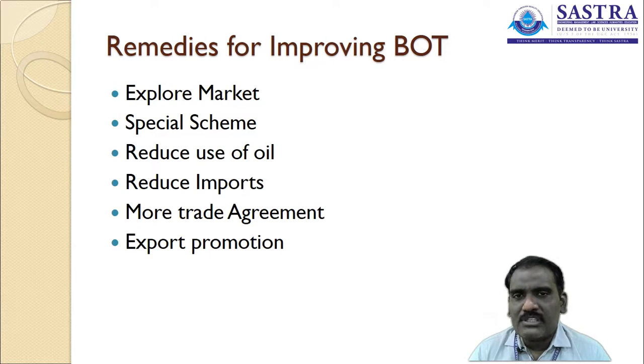What are the goods we are importing? Those goods are to be manufactured in India. Special schemes are to be designed to influence people to manufacture the goods required for the local market, for local needs, and to reduce the use of oil. Wherever there is a requirement, you can go for alternate technology.